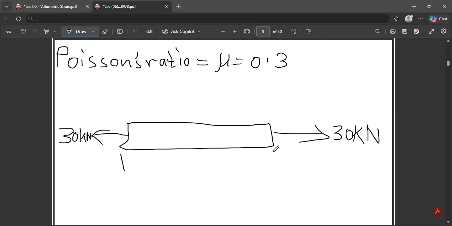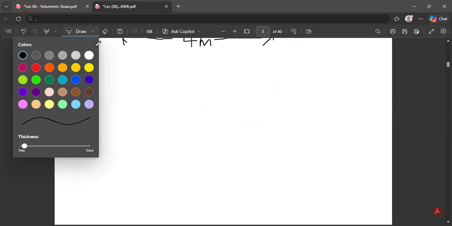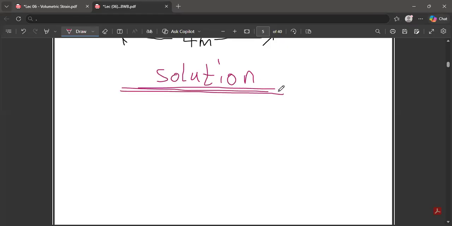From here to here is 4 meters. In today's language, you say 4,000. Let's not waste time on this diagram. Let's proceed. This is our solution of the problem.